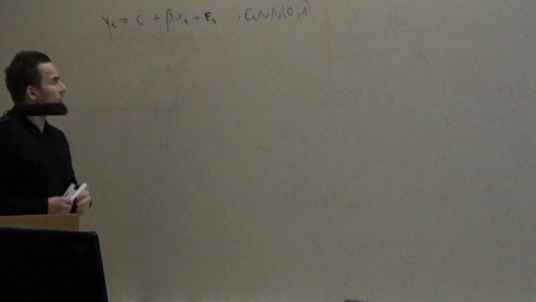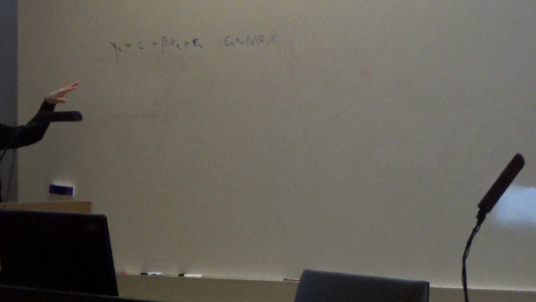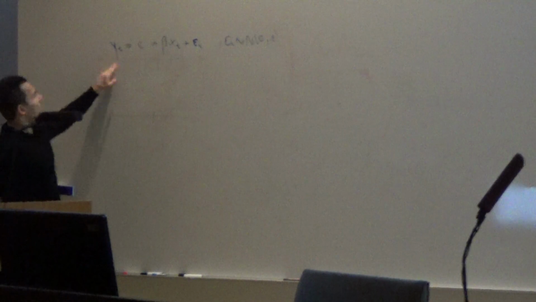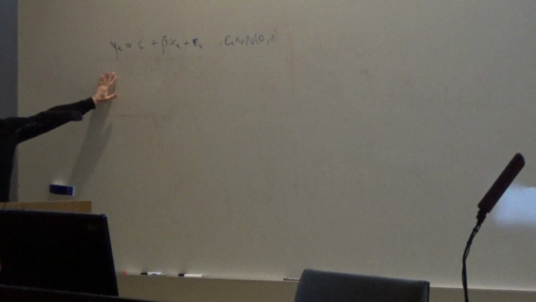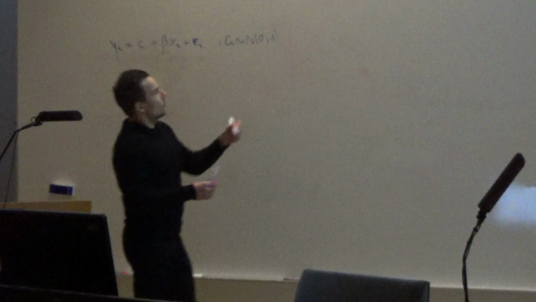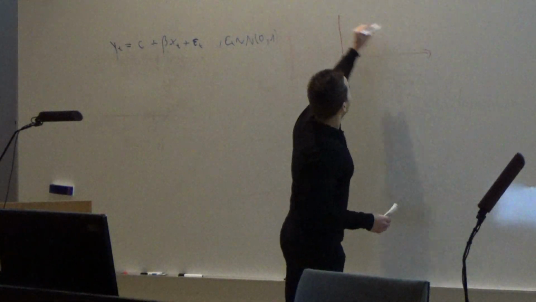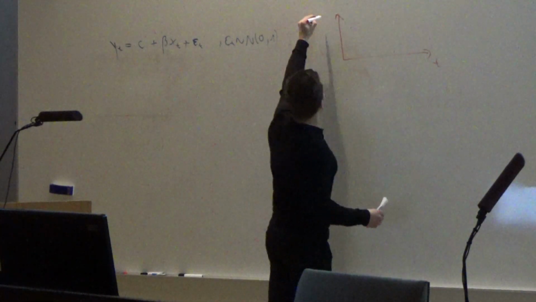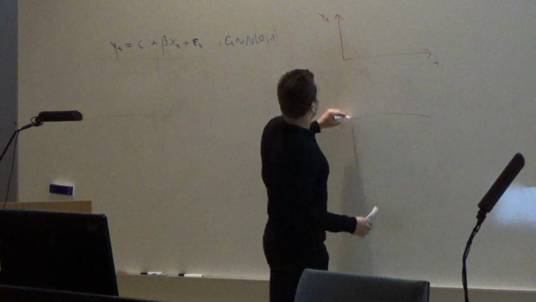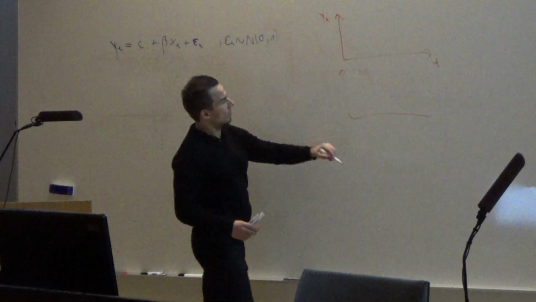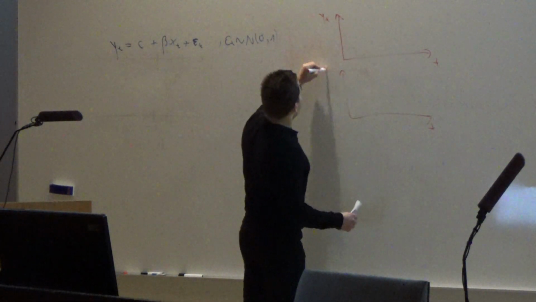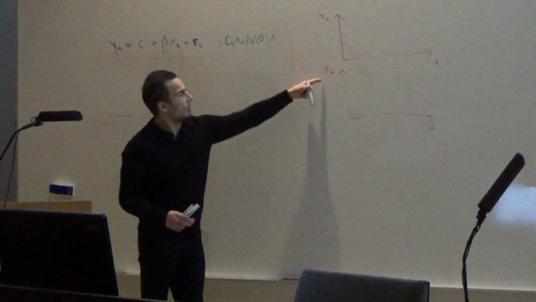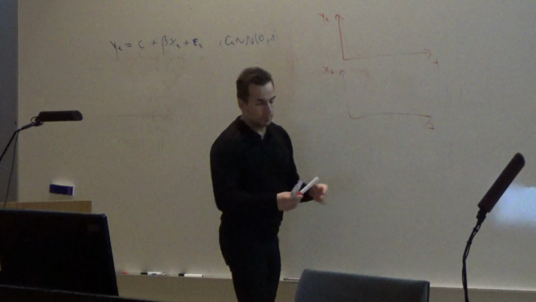So, some assumptions. In the standard regression model, you can only use OLS if the regressor and the dependent variable are stationary. Let's say this is our timeline for y_t, depending on time t, and here we want to plot our variable x_t depending on t.